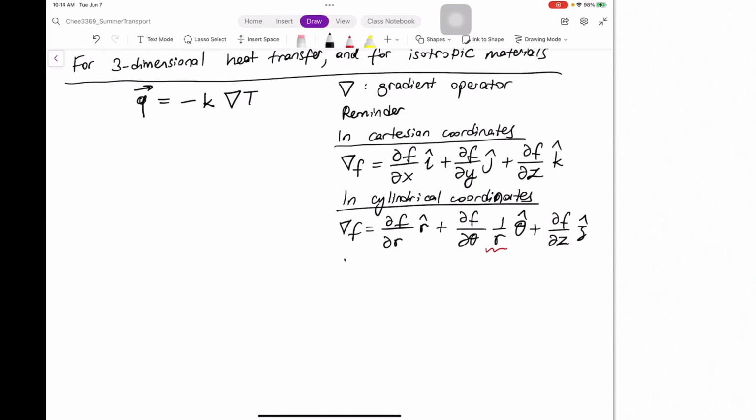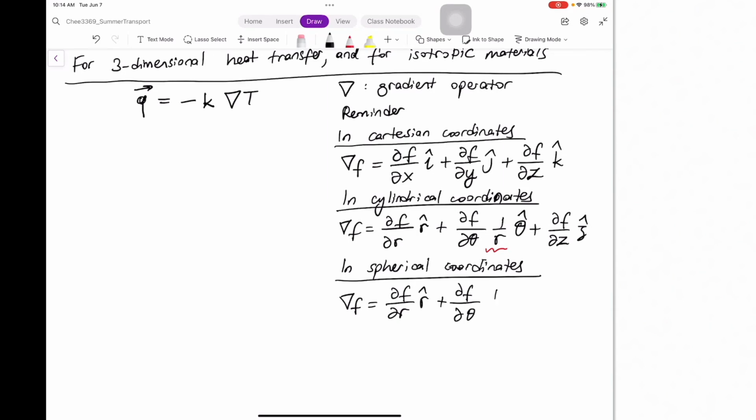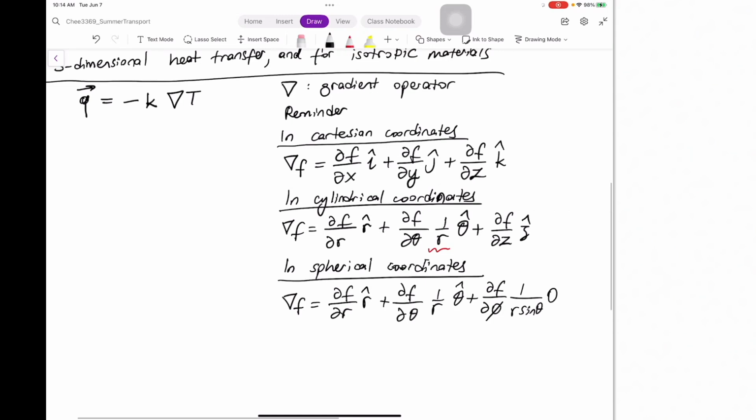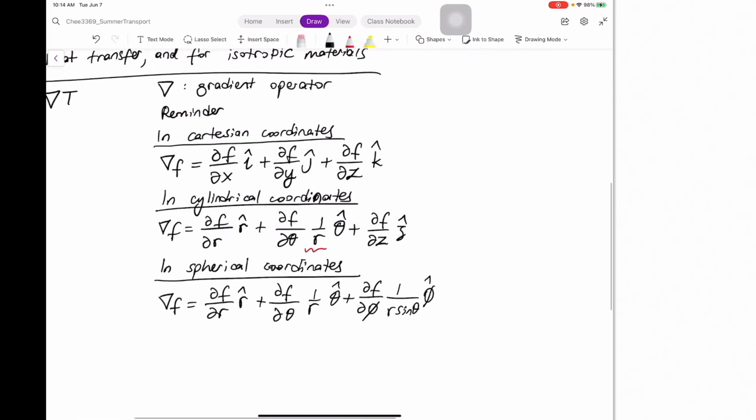And in spherical coordinates, the gradient of f is del f over del r r hat plus del f over del theta, 1 over r, theta hat, plus del f over del phi, 1 over r sine theta, phi hat.